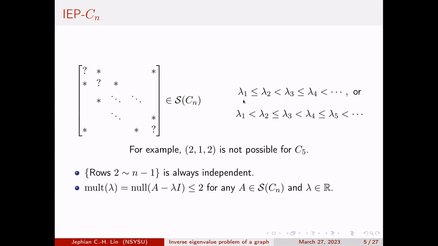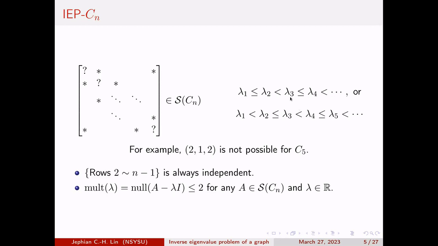If it is 2, then it must be this case, because lambda 1 equal to lambda 2 is not the second case. Now, if you follow the first case, then lambda 3 can possibly be the same as lambda 4, but lambda 4 is not the same as lambda 5. So it is impossible to be 2, 1, and 2 because 4 and 5 cannot be the same.